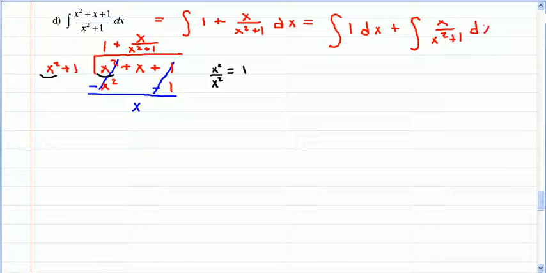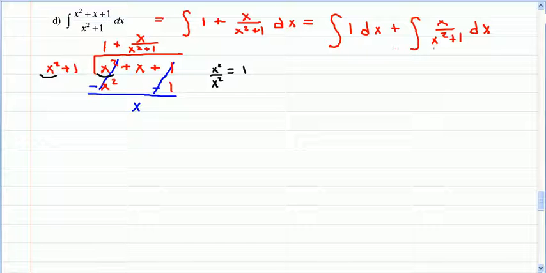And the reason why I separated it as two separate integrals is because the method of integration that I will use for 1 is different than the method of integration that I will use for x over x squared plus 1. On this integral, x over x squared plus 1, it is now in the form to use a u substitution, whereas 1 dx is just basic integration.